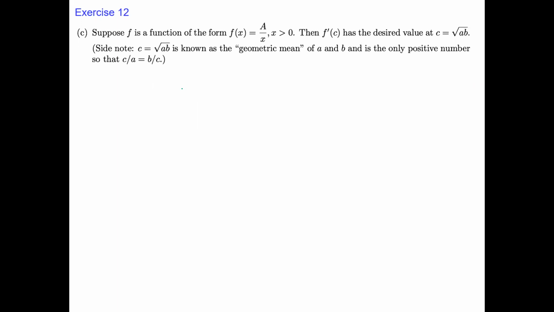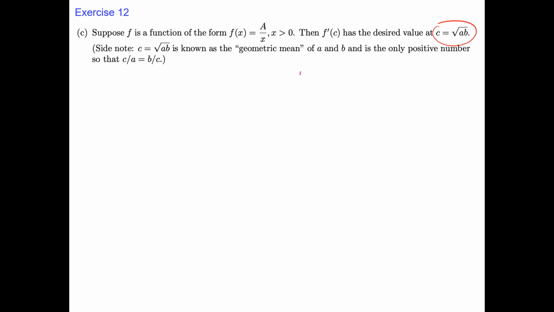Note that c, the square root of ab, is known as the geometric mean of a and b, and is the only positive number so that c over a equals b over c. This is just additional information, but we will prove that the average rate of change is exactly the same as the instantaneous rate of change, the derivative at that value c.